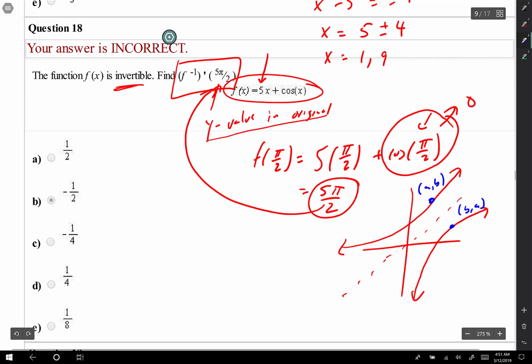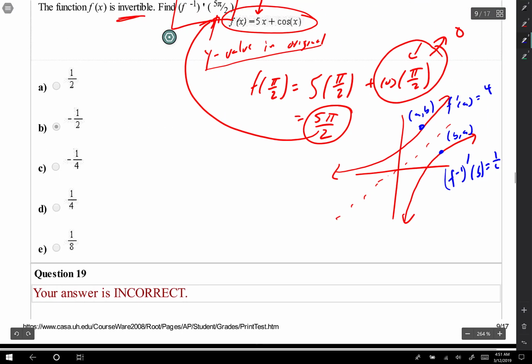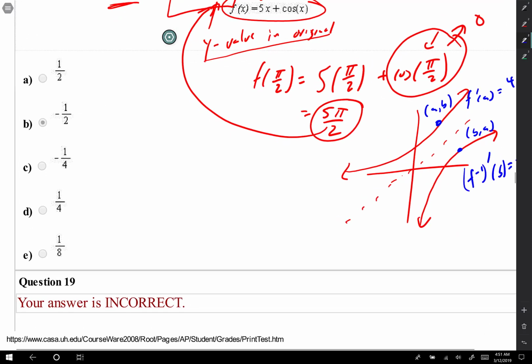So if I tell you that f prime of a is equal to, let's just make up a number, 4, then that means that the derivative of my inverse evaluated at b has to be 1/4. Just take the reciprocal.